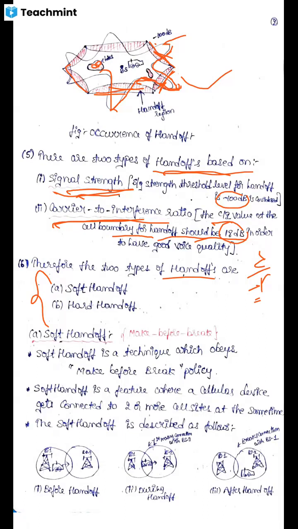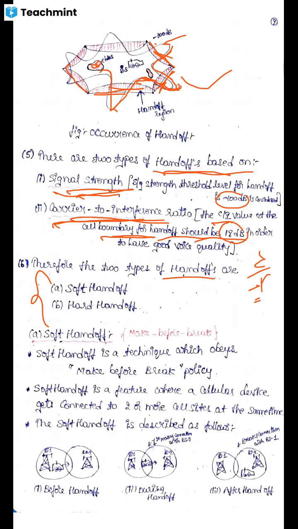If the C by I value is not 18 dB, then the carrier to interference ratio is not a good value, and a handoff should be initiated. Once the handoff is initiated, the C by I value at the cell boundary should be 18 dB, so that there is a good voice quality in the communication.